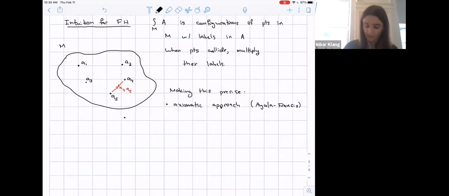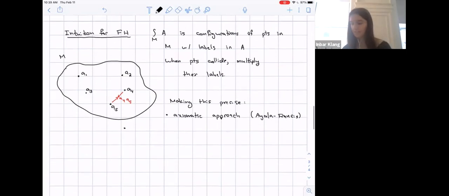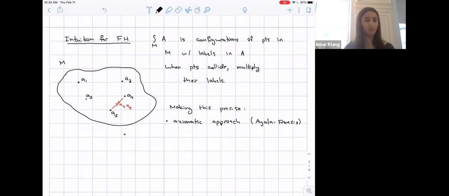And there's a more explicit approach, which actually constructs this thing in a model of configurations of disks in a manifold, and then what happens when you have an inclusion of disks into a bigger disk.